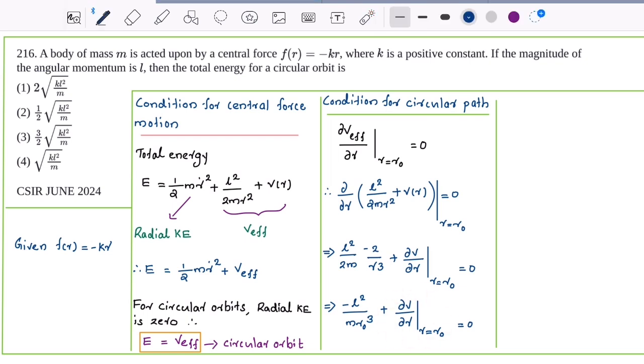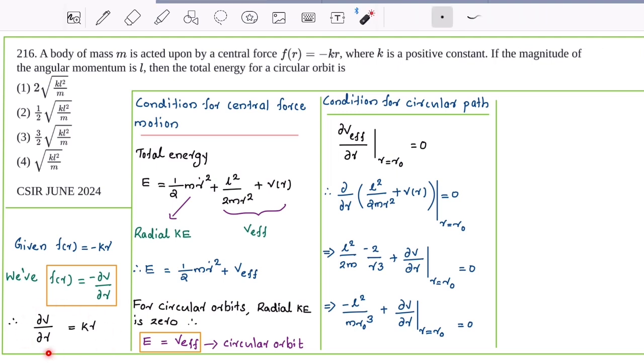Now what is dou V by dou r at r is equal to r0? We know that for central force, the force is equal to minus dou V by dou r. It is already given in the question that F of r is equal to minus kr. Therefore, we can write dou V by dou r is nothing but kr.